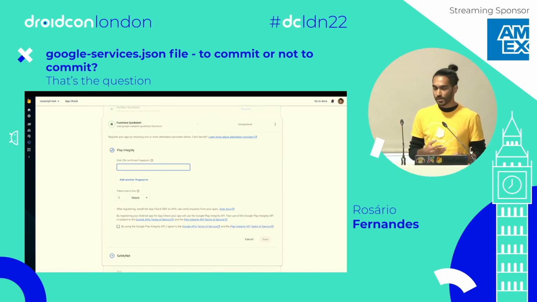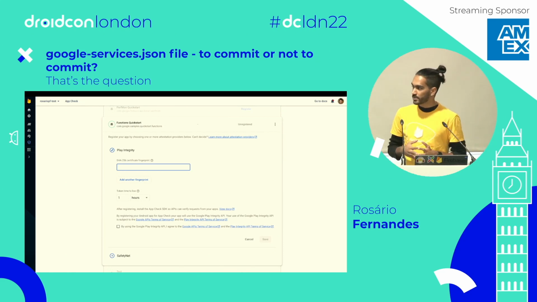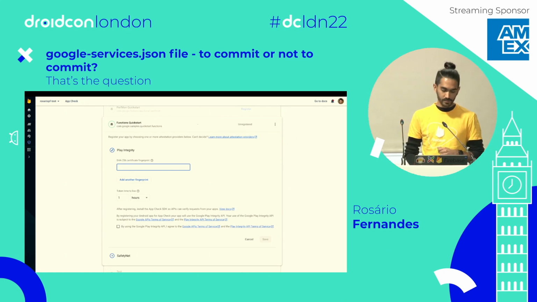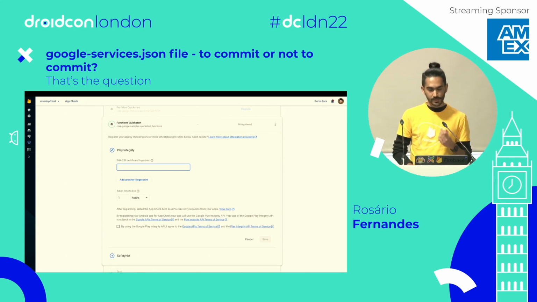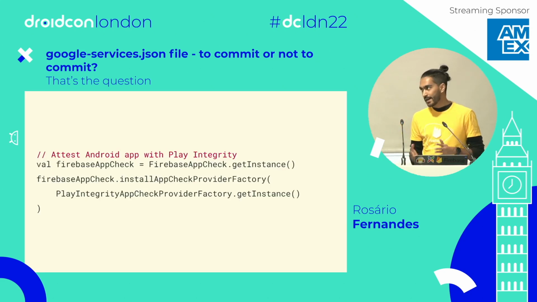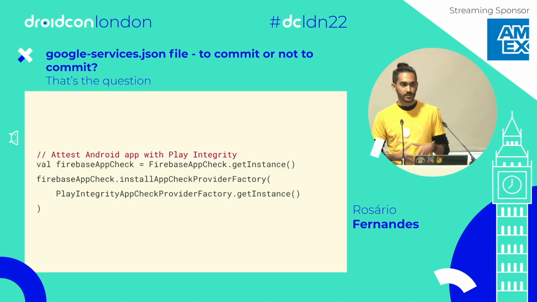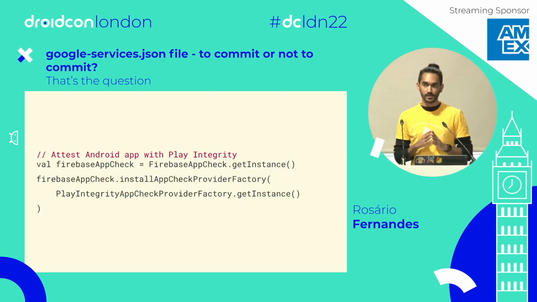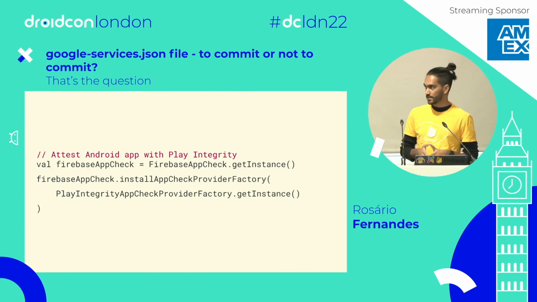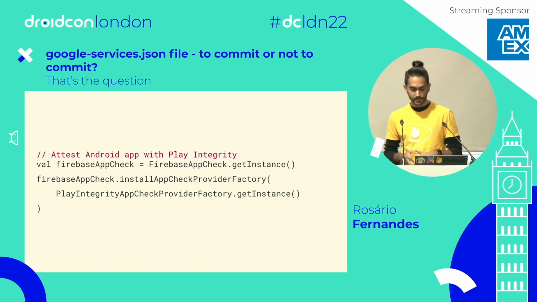So you just copy that key, put it on the console, and in your code, you'll need to add the App Check dependencies and add in some initialization code that will make sure that App Check and Play Integrity are both initialized in your app.